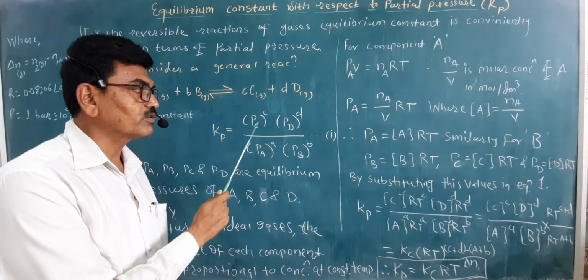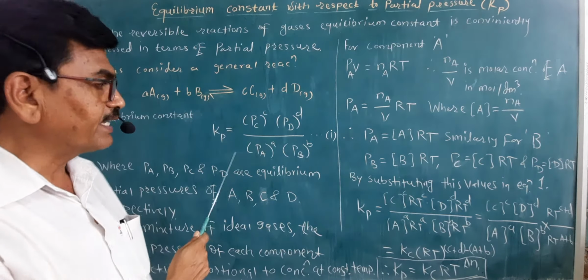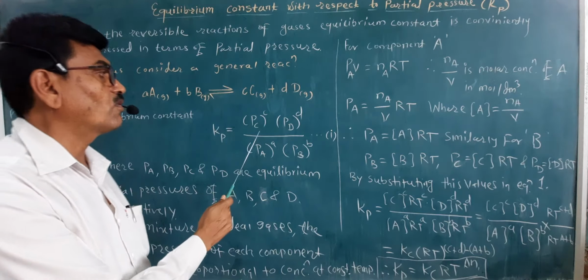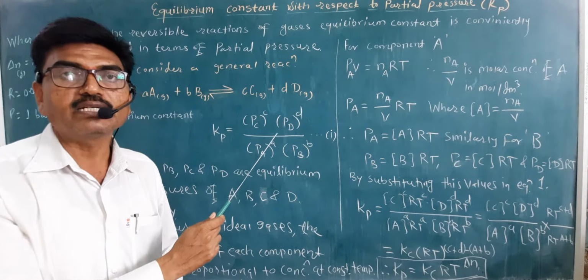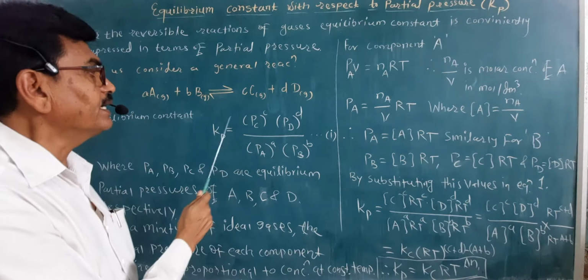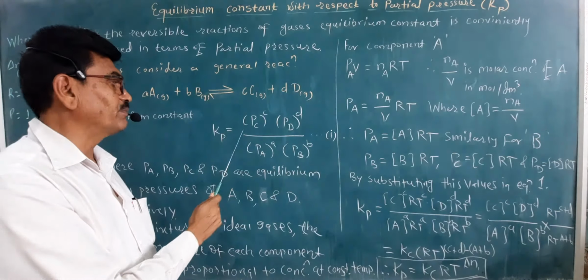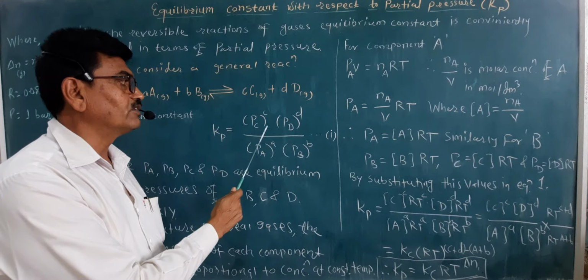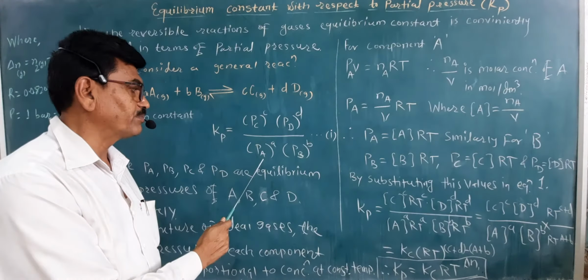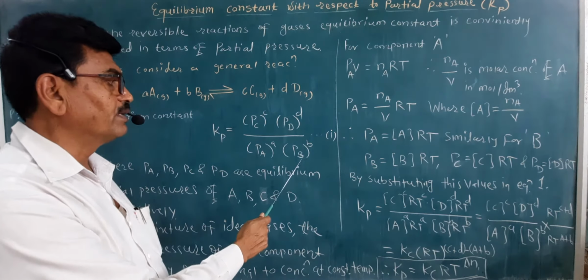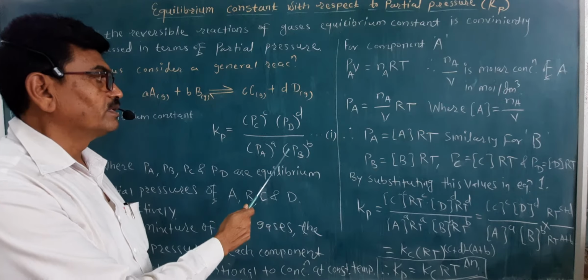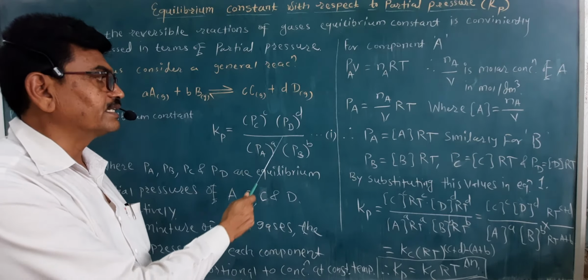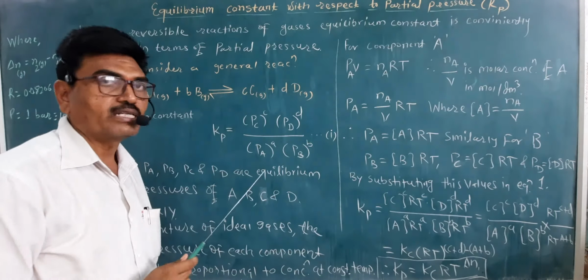Instead of molar concentrations, here we will take the partial pressures of the reactants and the products involved in a reaction, and therefore this can be written like this: partial pressure of C into partial pressure of D upon partial pressure of A into partial pressure of B. The coefficients are again written in the form of powers. That is only the difference.